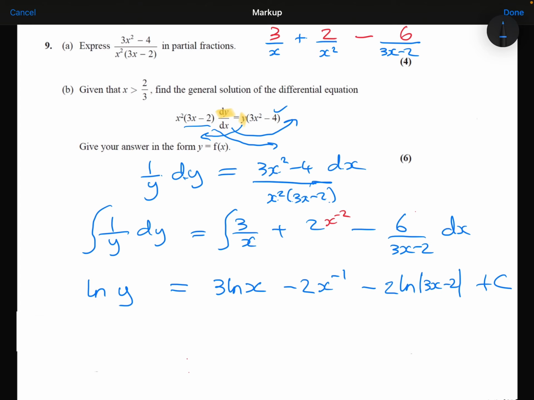Right, all I need to do now is rearrange it so it's in the form of y equals f of x. So to do that, I am going to take the exponential of both sides to make y the subject.